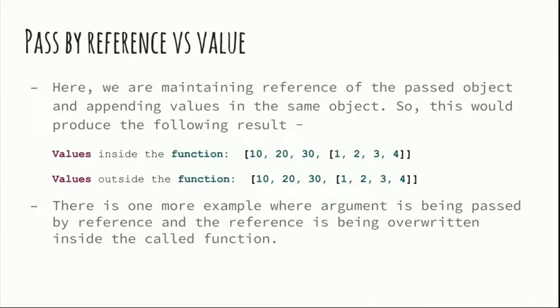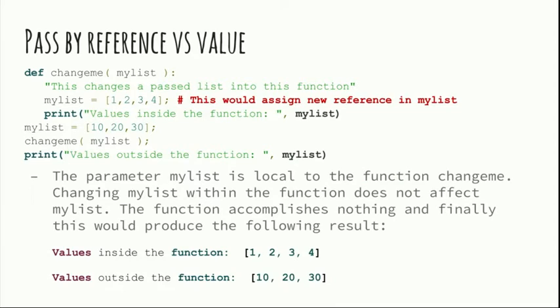There is one more example where the argument is being passed by reference and the reference is being overwritten inside the called function. def change_me(my_list): this changes a passed list into this function. my_list = [1, 2, 3, 4]. Now this would assign a new reference to my_list.